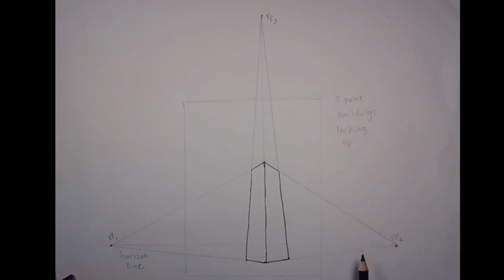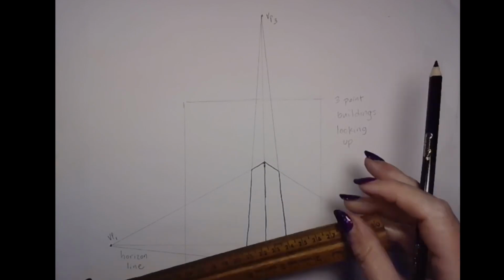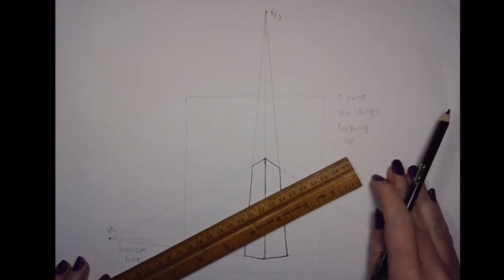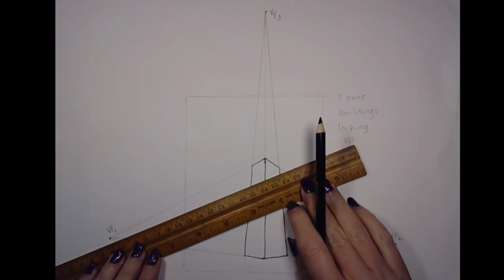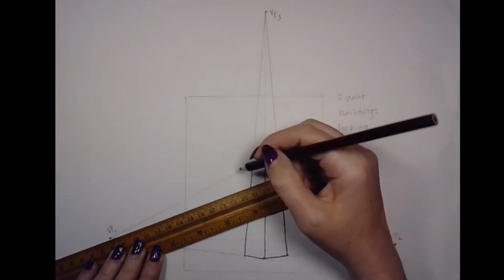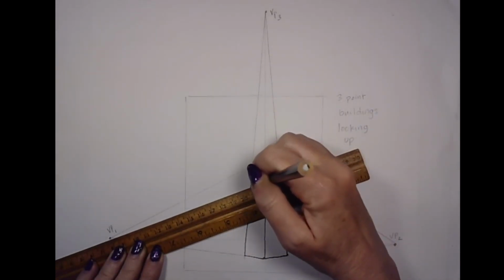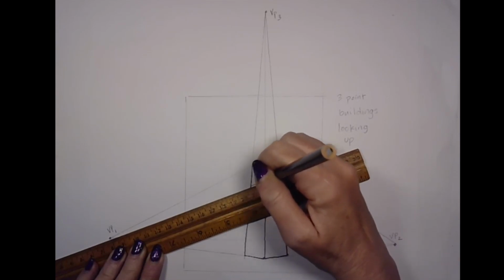If there were windows or lines on the building, on this side, they would go to vanishing point 1. Now, when you're drawing, like I'm just going right here, I have my ruler out.